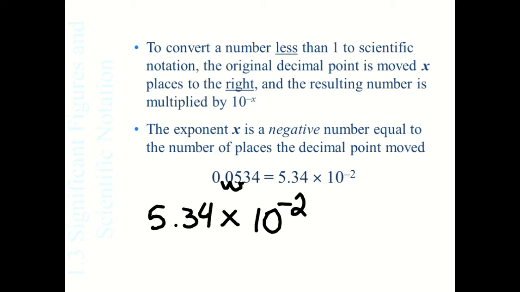Yes. 1, 2. Okay? It's negative 2. All right. 4.001, with a 0 in the middle, is significant. They are significant zeros.